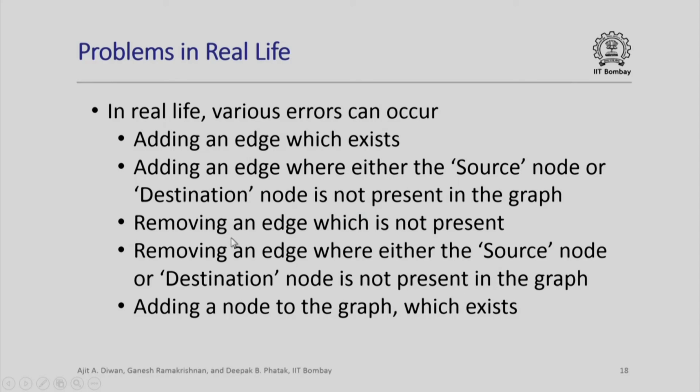Similarly, we might try to remove a non-present edge, or we might try to remove an edge where either the source or destination node is not present. Even worse, we might try to add a node in the graph which already exists. Now, these are the problems that crop up because of input errors that may happen, particularly when the user is trying to use our programs with very large graphs. We need to address these, and our programs will have to be written to take care of this.